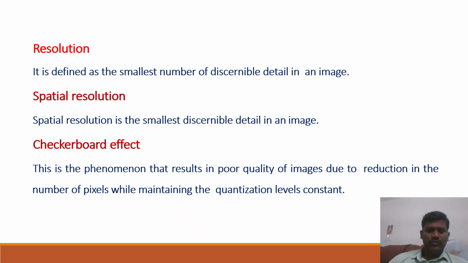For that, the smallest discernible detail in the image is generally defined as the resolution. Here the spatial resolution is the rate at which we take the samples, that is, the smallest discernible detail in the image.